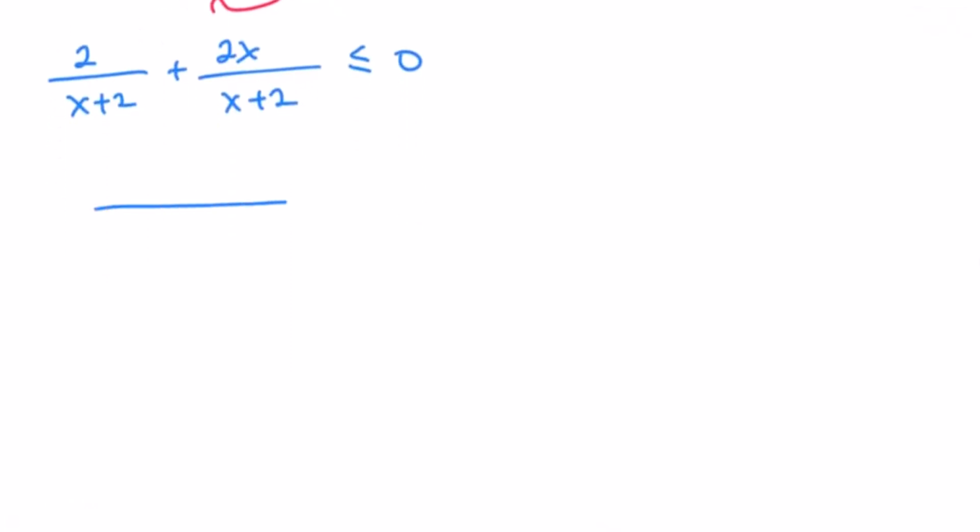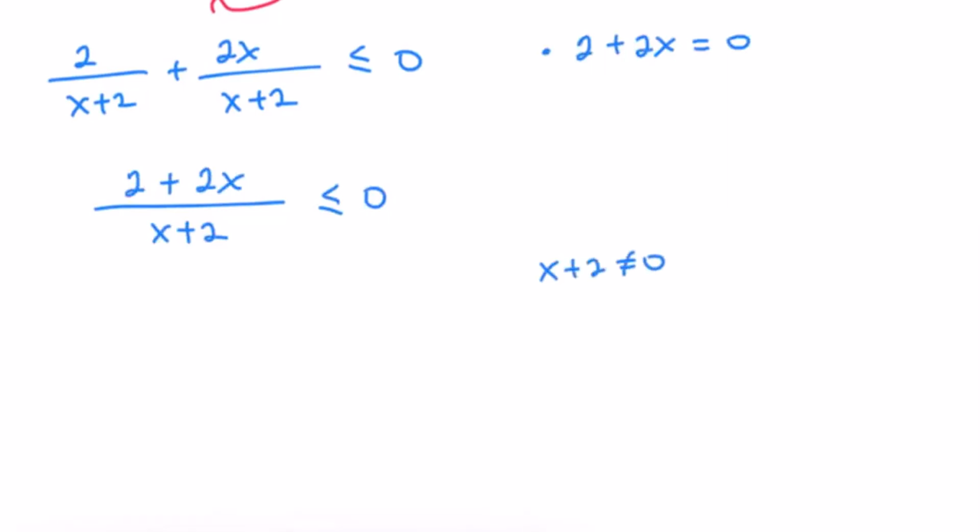We need a common denominator, which we already have, x plus 2. So the numerator we have 2 plus 2x, and it is less than or equal to 0. So we need to set the numerator equal to 0, set the denominator not equal to 0, and solve.